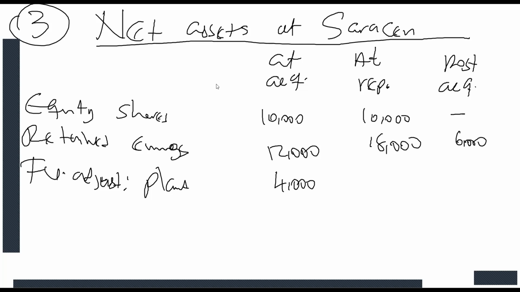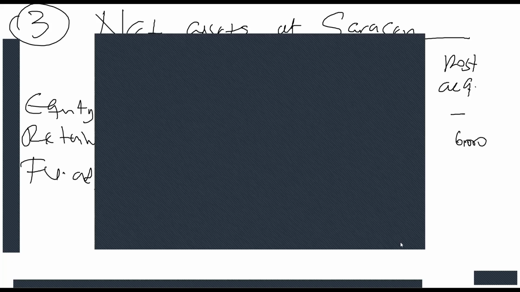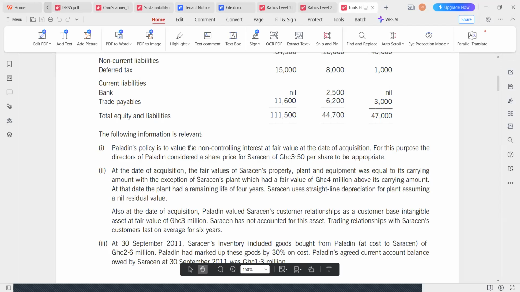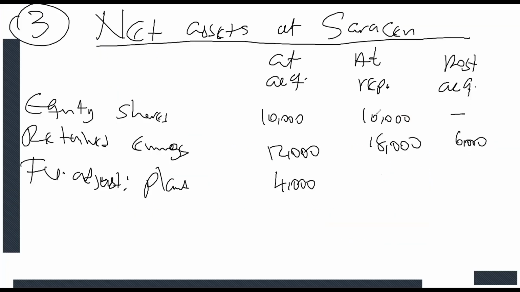Now, anytime they give you fair value adjustments, when the examiner is silent afterwards, please place it at reporting as well. Place it at the reporting, unless the examiner stated clearly that it has been recorded in a financial statement.